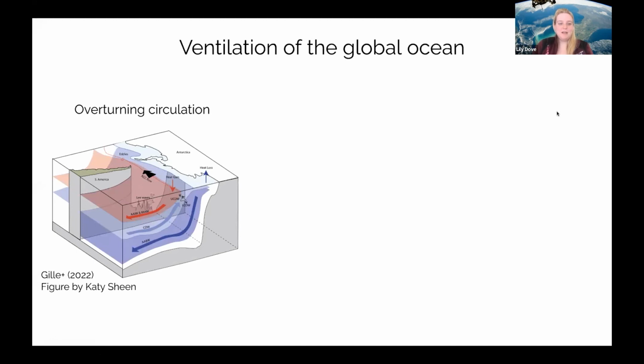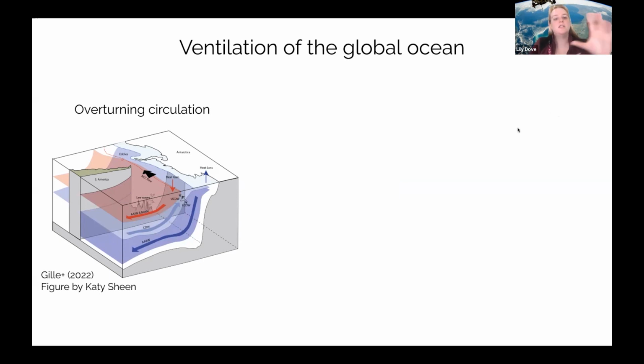This is where we have waters which have been sequestered for a long time, coming up to the surface, exchanging heat and carbon and oxygen with the atmosphere, and then getting advected away. And there are lots of ways this happens, but that's kind of the big picture ventilation in the global ocean.